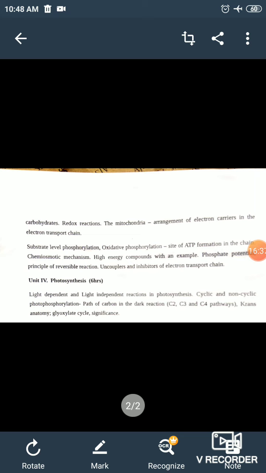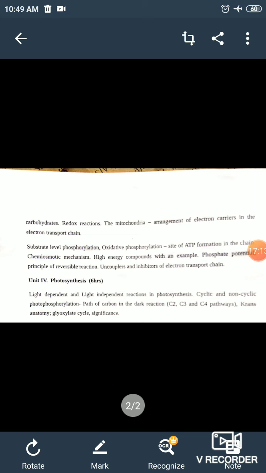After understanding how these are arranged, we have to see how these reduced coenzymes like FADH2 and NADH plus H plus will enter into the ETC and how they get oxidized. During oxidation, the electrons are transported from these reduced equivalents to the ETC components, and finally the electron is accepted by oxygen.